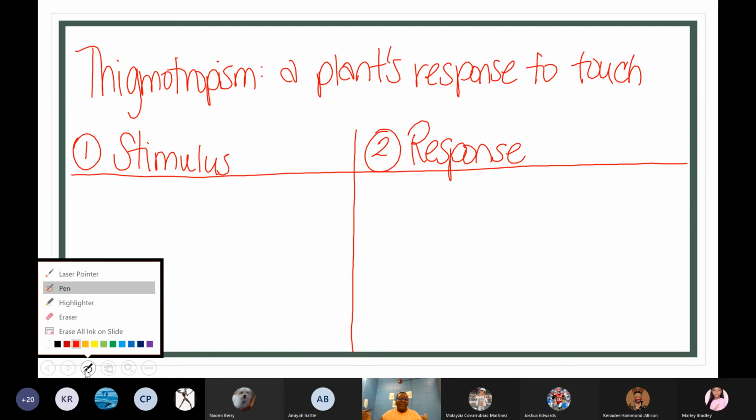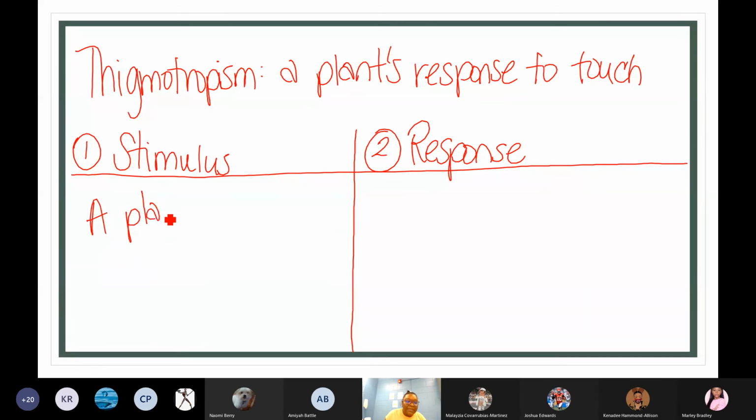A plant's response to touch, some plants are able to move away from touch because it thinks that that touch is dangerous. And so the last video that I'm going to be able to show you today, and I'm going to actually put that in Schoology because we're going to run out of live session time, is we need to make sure we understand in stimulus 1, we won't get to draw a picture here.